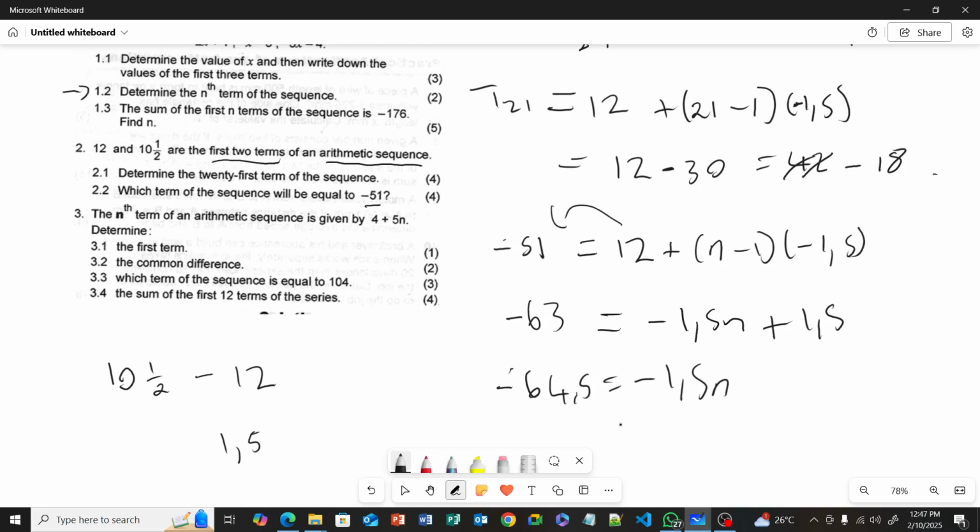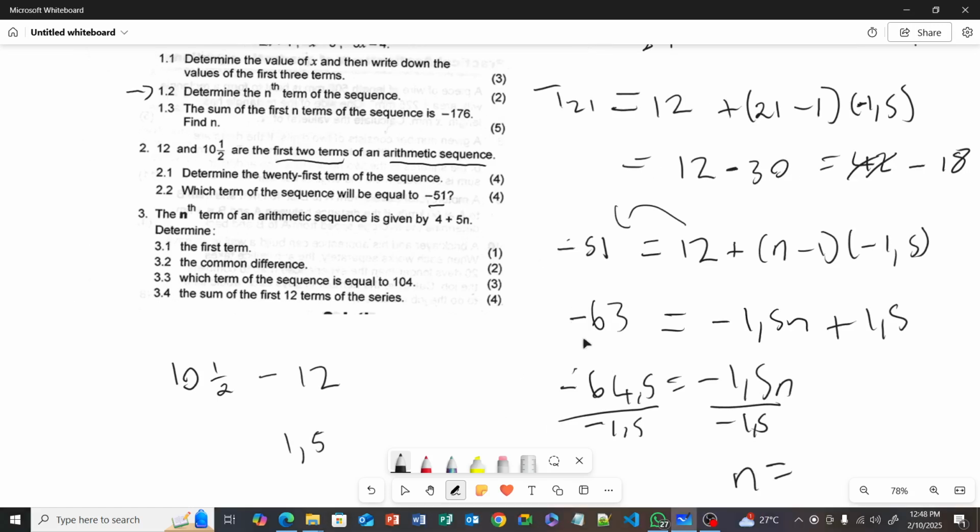So obviously divide by negative 1,5, divide by negative 1,5. Now the value of n will give us a positive value. It will be 42.